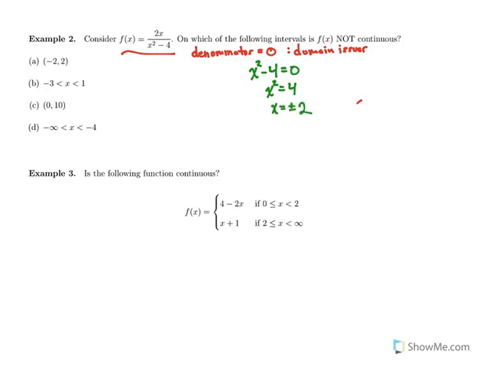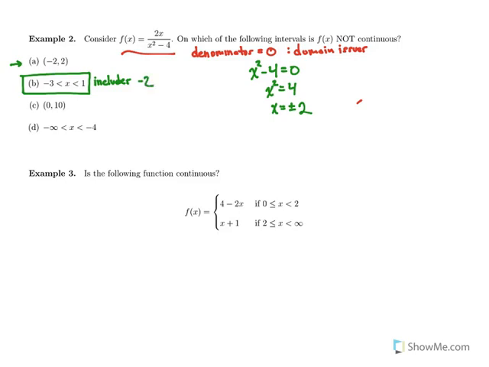So which one of the following intervals is the function not continuous? The first one is continuous because it doesn't include -2 to 2. So that is not one of our answers. -3 to 1 is going to be our answer because it includes one of our problem points, -2.